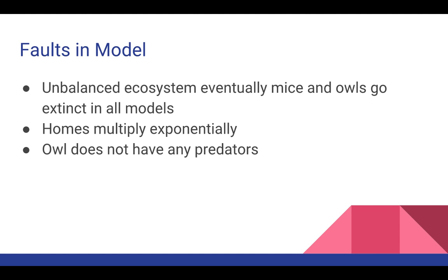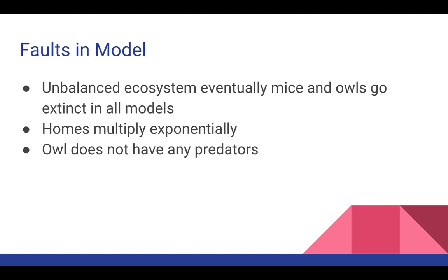I'm still able to get good data, but eventually I have extinction happen. Another problem that I saw was that the homes multiply exponentially. If I have them multiplying too quickly, eventually my desert's going to become completely full of homes, and we're going to get our poor little agents stuck in between the urban sprawl.